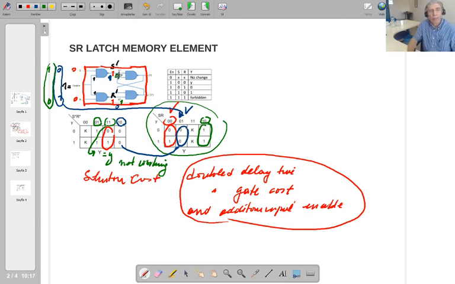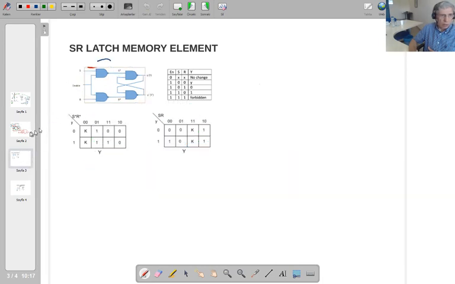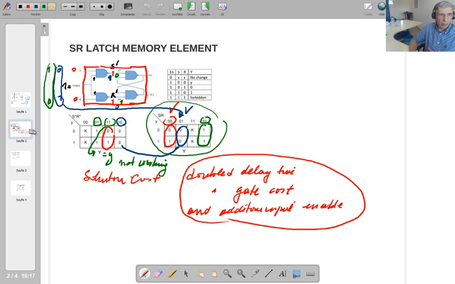Let's say if you apply 1, 1 here, S equal to 1, R equal to 1, I'm going to make that enable equal to 0. When I make this enable equal to 0, this memory element is not going to work. So I solved the problem. So I have done it for this SR memory element.